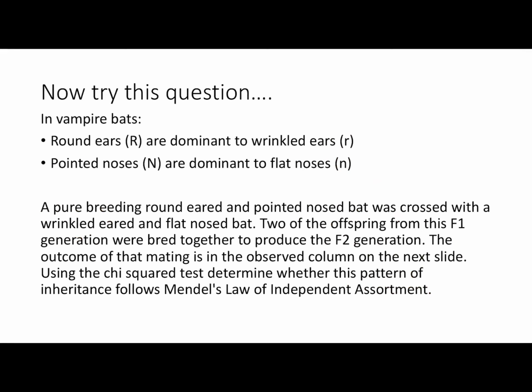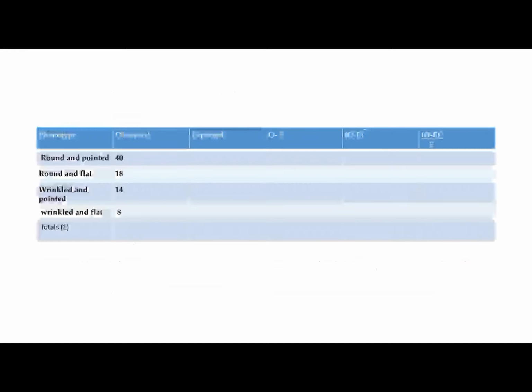Two of these offspring from the F1 generation were bred together to produce the F2 generation. And the outcome of the mating is observed in the next slide. So you need to use the chi-squared test to determine whether this pattern of inheritance follows Mendel's law of independent assortment. And here is the table showing the observed results for this breeding.